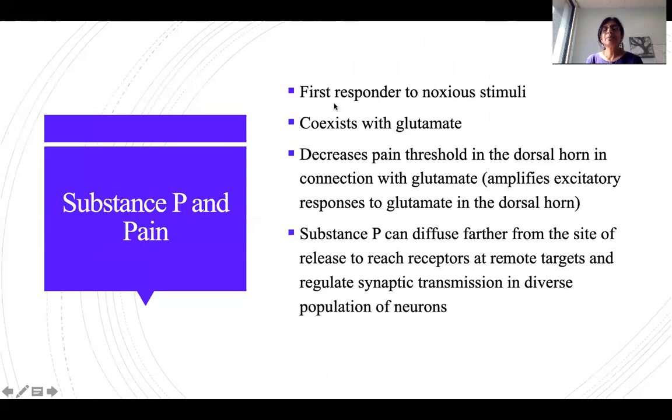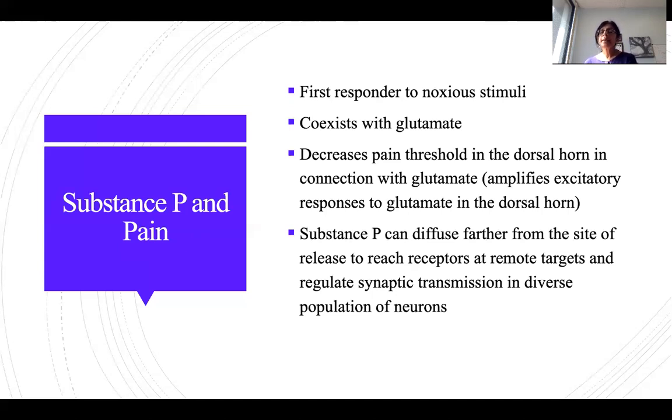Substance P is the first responder to pain stimulus, coexists with the glutamate. We'll look at some slides that would show that. Then it reduces pain threshold so that the second order neuron can now carry the pain signal forward. Two approaches we have looked at so far. One is substance P activating an NMDA receptor so that glutamate can bring about its effect.